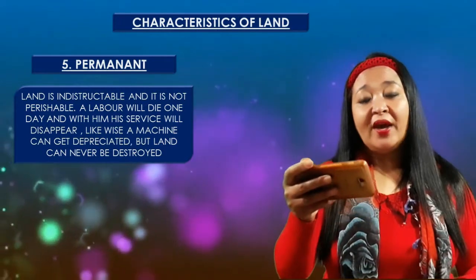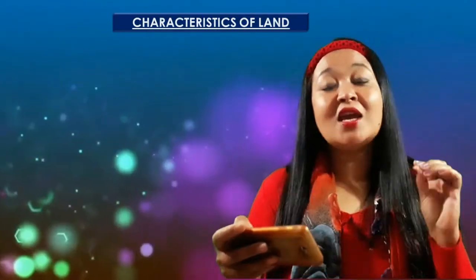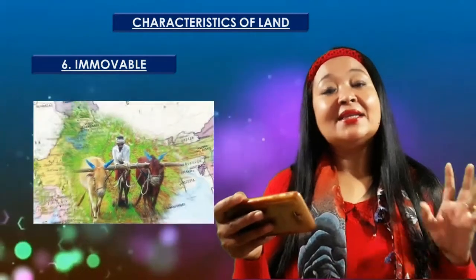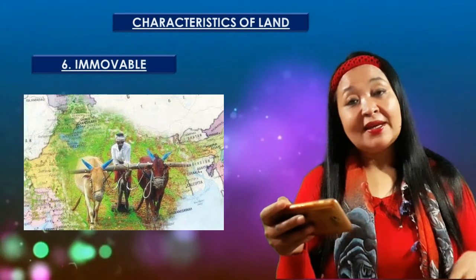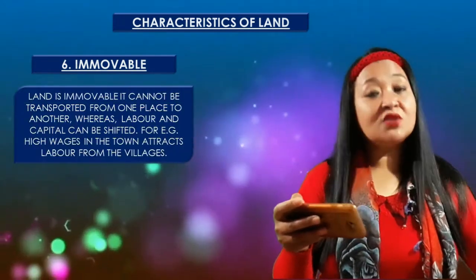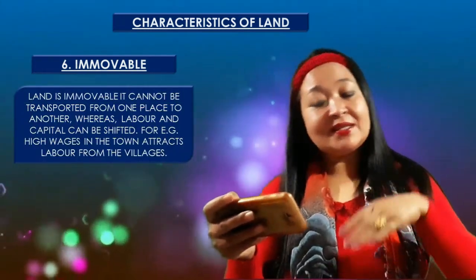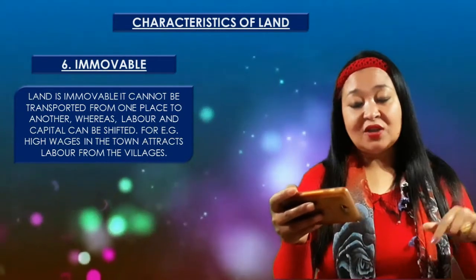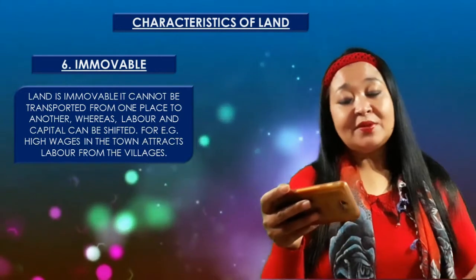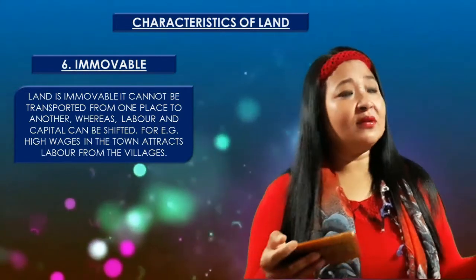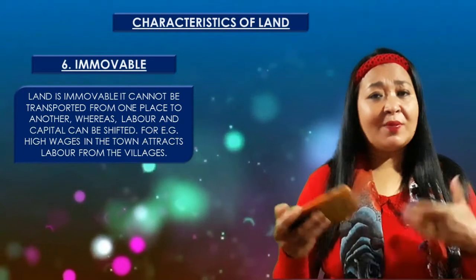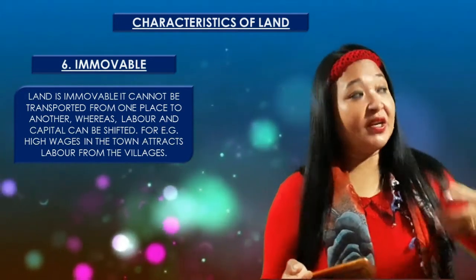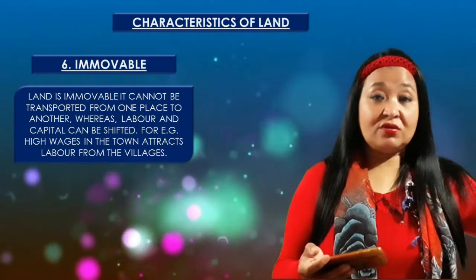Well, we have another characteristic, and that is immovable. What does this mean? Land is immovable. That means it cannot be transported from one place to another, unlike other factors of production like labor and capital, which can be shifted from one place to another. For example, if a laborer gets a better opportunity in another place, they can always move out.